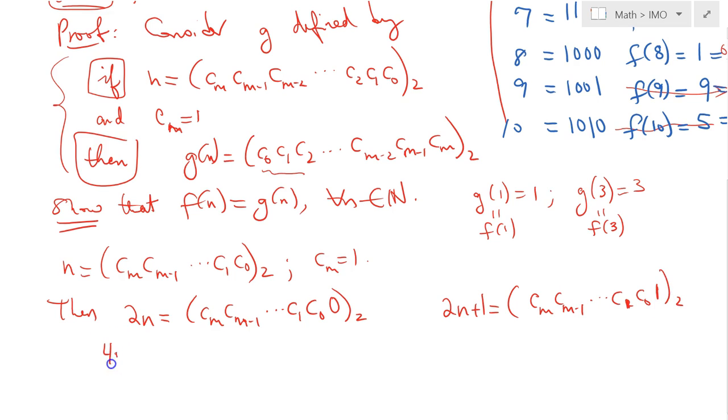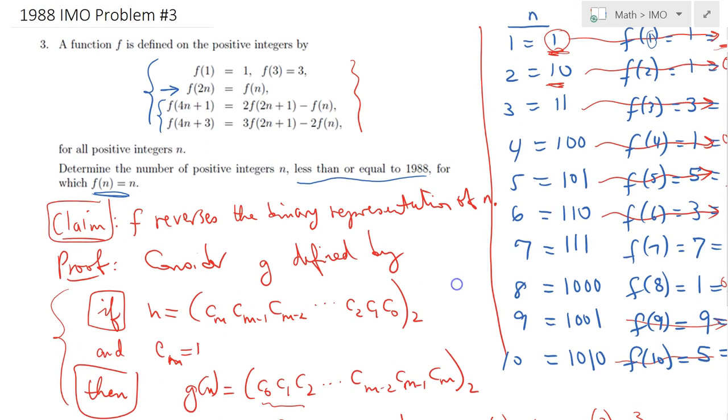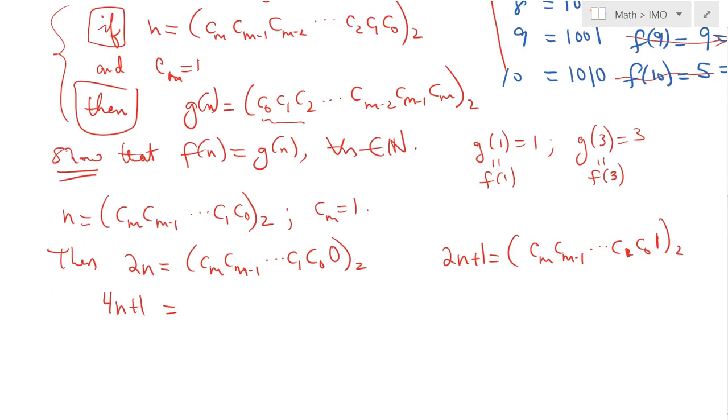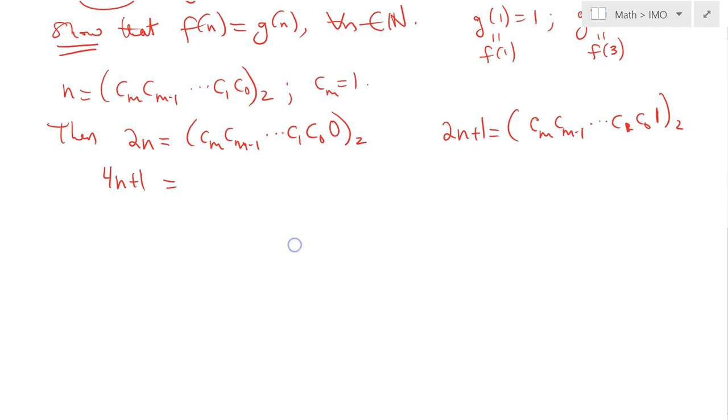And 4n plus 1, remember, I need all these so that I can establish each of these results, 1, 2, 3. Okay, so 4n plus 1 is simply equal to, when I divide by 4, I'm shifting two digits to the left, but then I need to add 1, so it would become C_m, C_{m-1}, ..., C_1, C_0, 0, 0, but then adding a 1, so it's 0, 1.